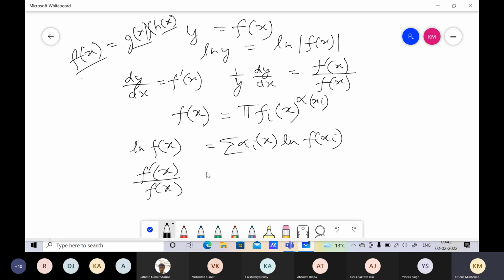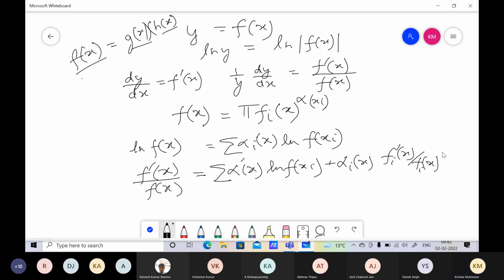is equal to a summation of alpha_i prime, of course depending on x, into ln f_i(x), plus, this is u into v formulation, right? Plus alpha_i(x) into, again, f_i prime(x) upon f_i(x).